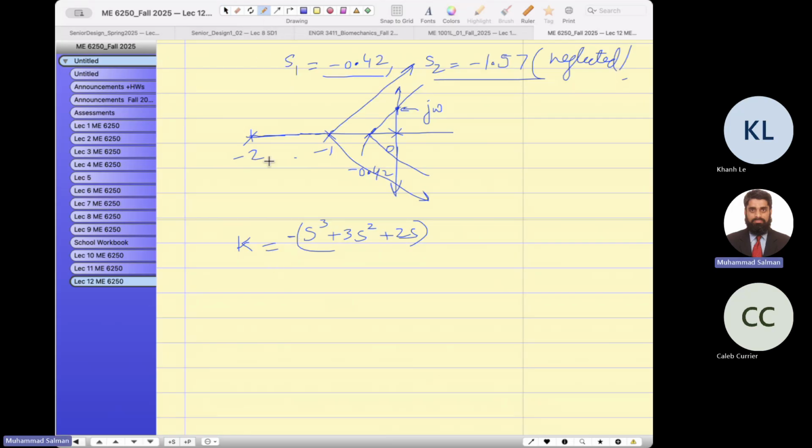If you bring everything to the left hand side and equate it to 0, let's write it down like this: s cubed plus 3s squared plus 2s plus k equals 0. Now this is the characteristic equation, also known as the root locus equation.